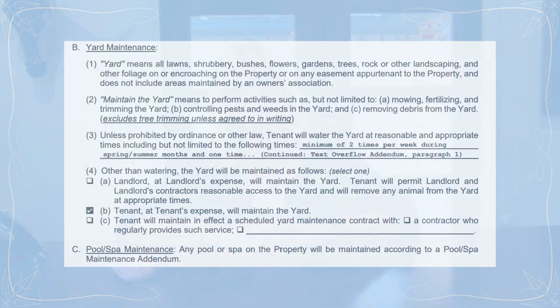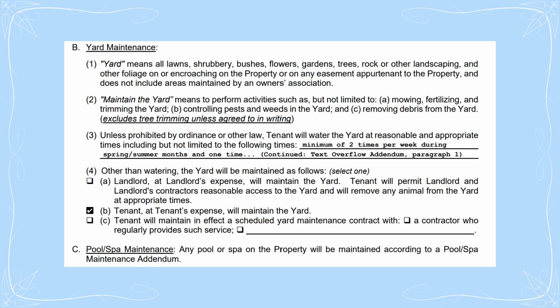We take yard maintenance very seriously. Please pay close attention to B in the same paragraph. It will note whether or not the landlord takes care of the lawn and maintenance or if you do. If it is your responsibility, please make sure that you are keeping it up, including pulling up trash from the property all the time, weed eating, edging, and mowing, and keeping trees and shrubs trimmed back.